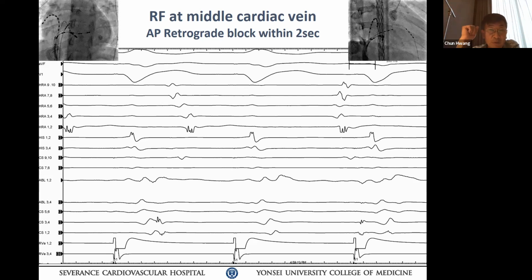Just make sure that your posterolateral branch is away from the ablation site. 근데 그 에어리어 커버가 굉장히 좁기 때문에, unfortunately 그걸 보지 않고 하시면 you can injure coronary artery. Okay? Just be aware of that.